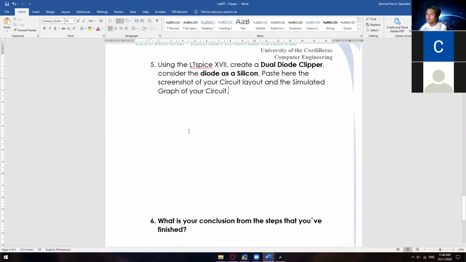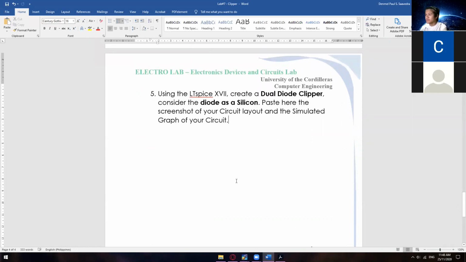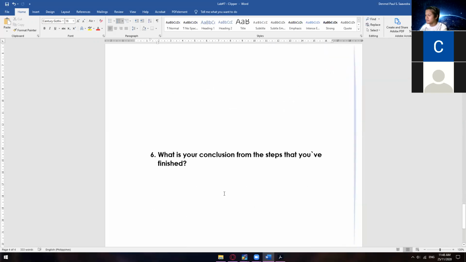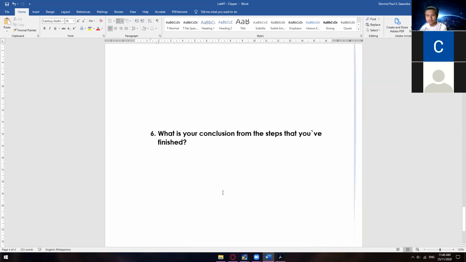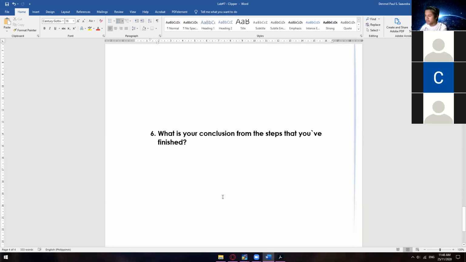And then after those 5 procedures, what are your conclusions from those steps that you have finished? So basically, that's laboratory number 7. Did you guys get it so far? Yes, sure, sir. All right.